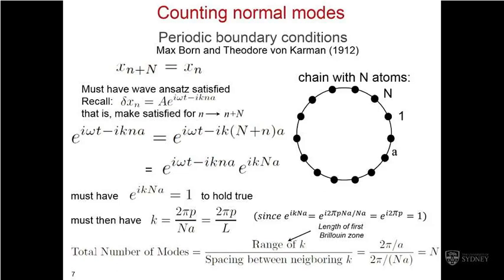So just like we did, I think it was for assignment 6, you can work out how many modes you're allowed to have by dividing 2 pi on a by the spacing of those k vectors.